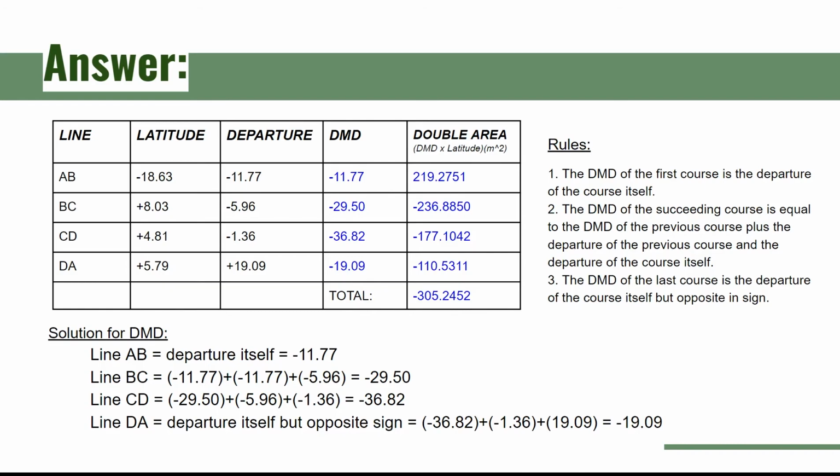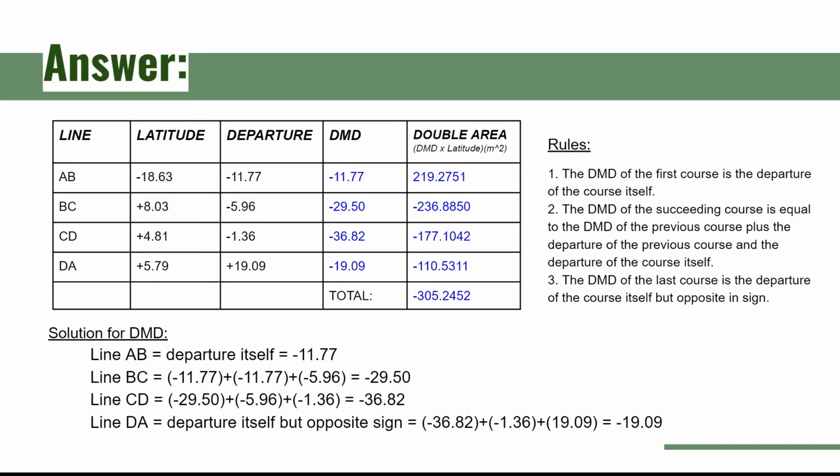For the last line, the DMD is simply the departure of the line itself, but opposite in sign. This is stated in the third rule for the DMD method. Since the departure for the last line is positive 19.09, then it follows that the DMD is negative 19.09.